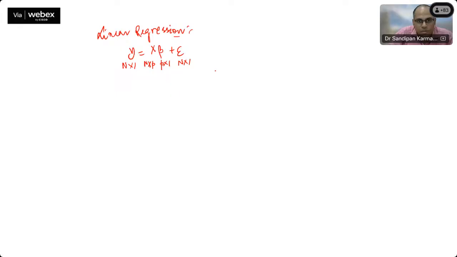Now, how to find this beta? There is a very quick method, known as the normal equation. It tells me that beta is given by (X transpose X) inverse X transpose y.